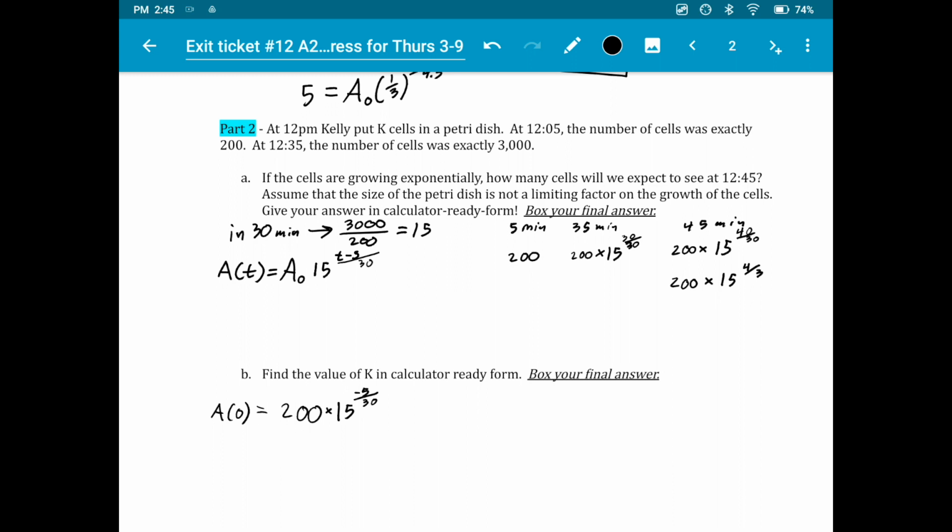So this is equal to 200 divided by 15 to the 1/6. And that is your final answer. So our final answer here, and our final answer here. That's how we do all of these problems.